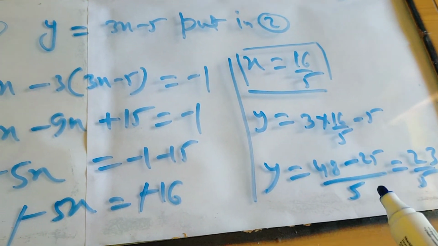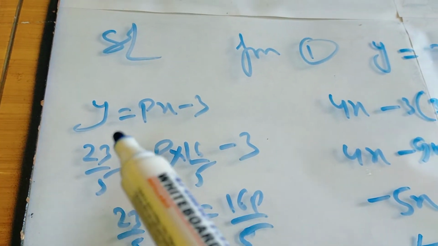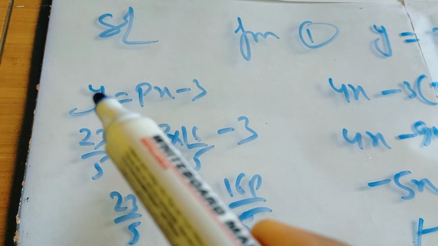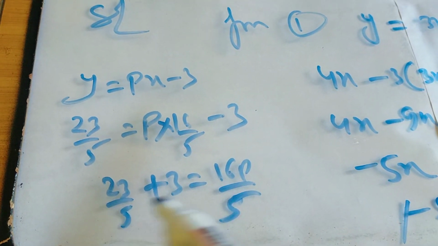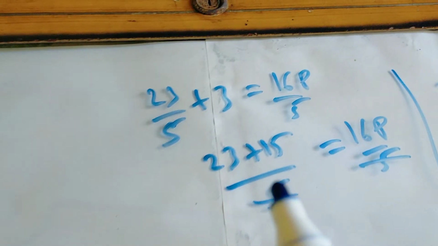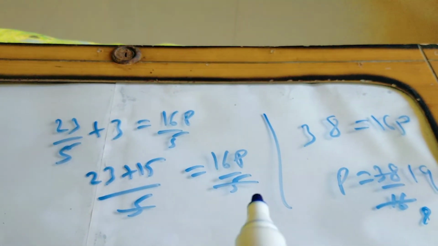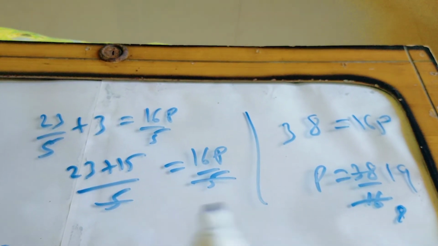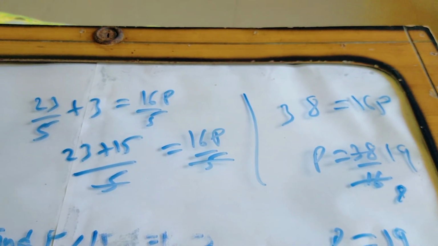From this x and this y, we have substituted the value in this equation. It is already given in the question. So in place of y, in place of x, I have substituted the value and I simplified, and finally we got p is equal to 19 upon 8. You see here, this is the last step of the question. You can note down. So your final answer is 19 upon 8 is the value of p.